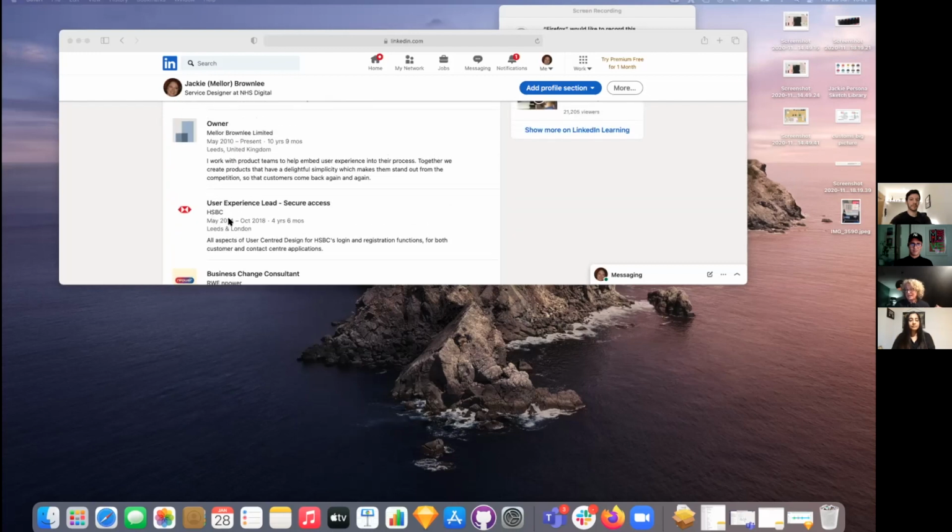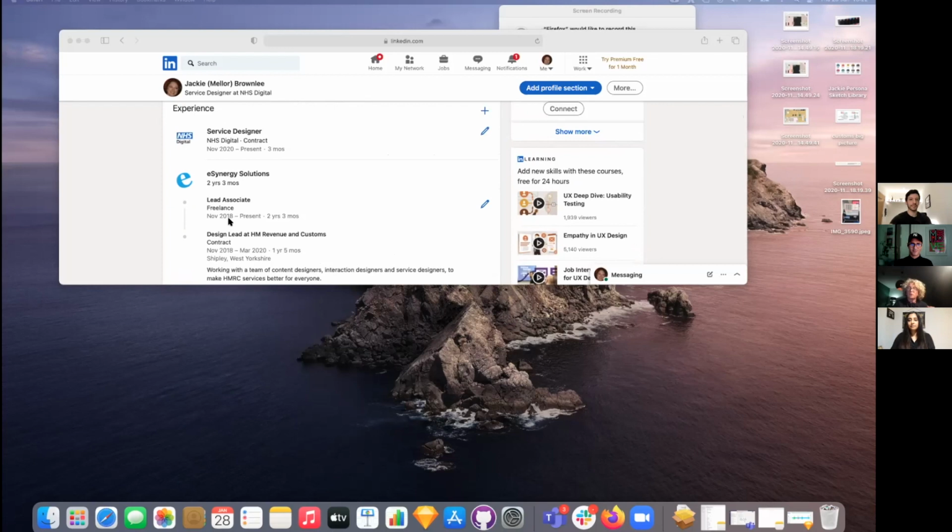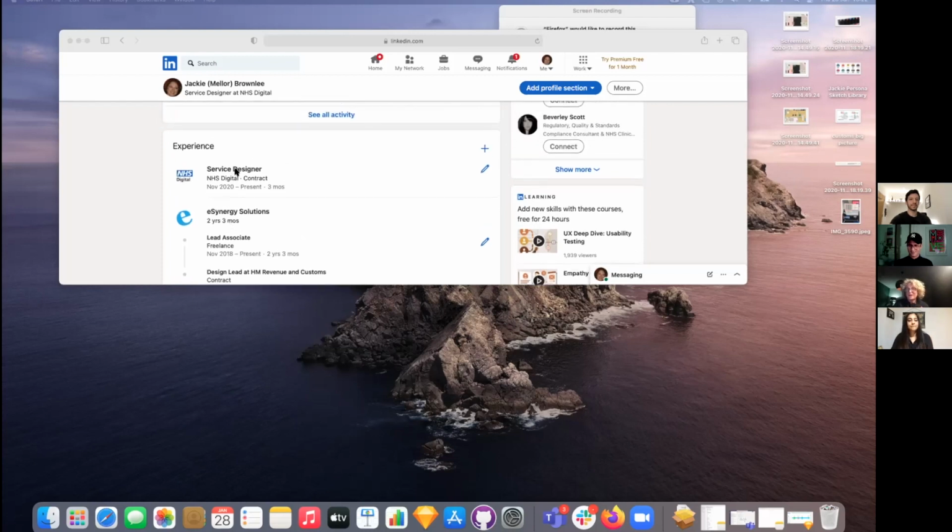I worked at HSBC as well as the design lead on this secure access, and with Annaliese at Her Majesty's Revenue and Customs in the middle of the Brexit era, which was exciting and interesting and odd. And now I'm working in the National Health Service in the middle of COVID. So that's my story.